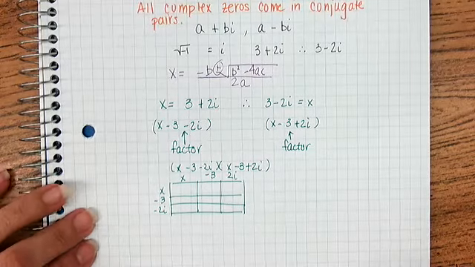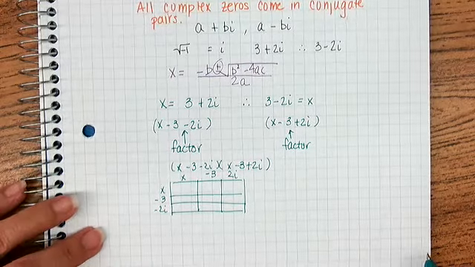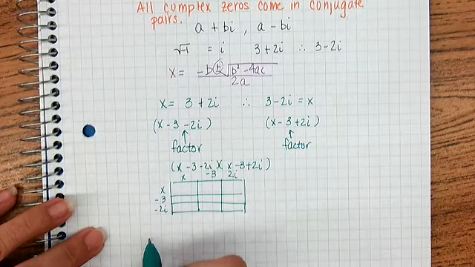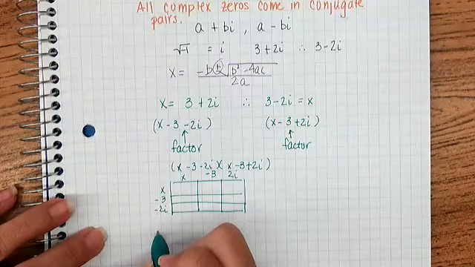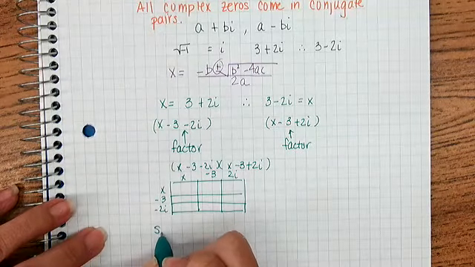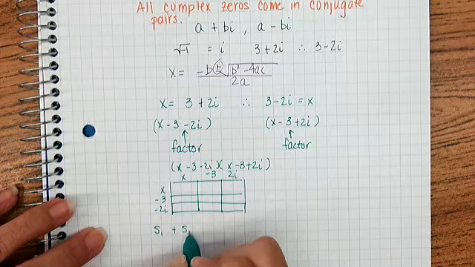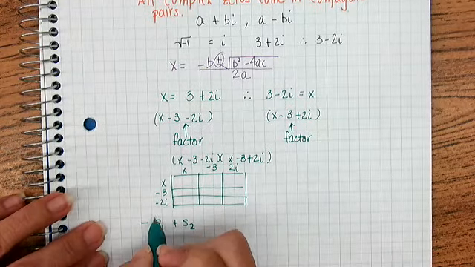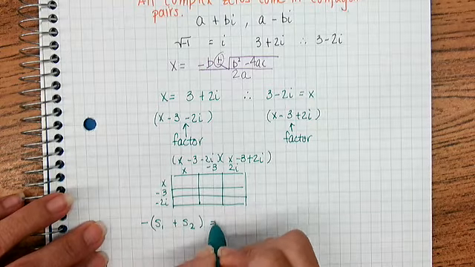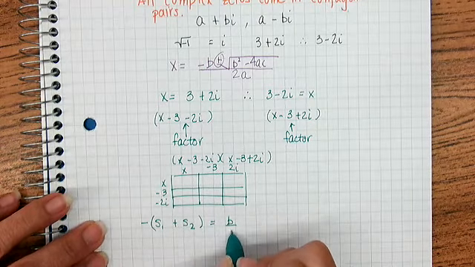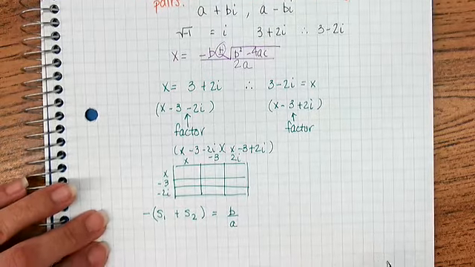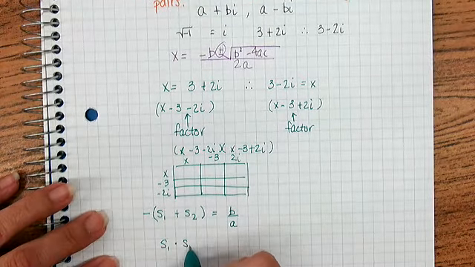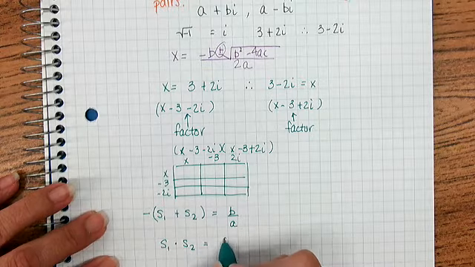There's a great trick from Algebra 2 Honors. The trick says that solution 1 plus solution 2, the opposite of that, is equal to b over a, and their product is equal to c over a.